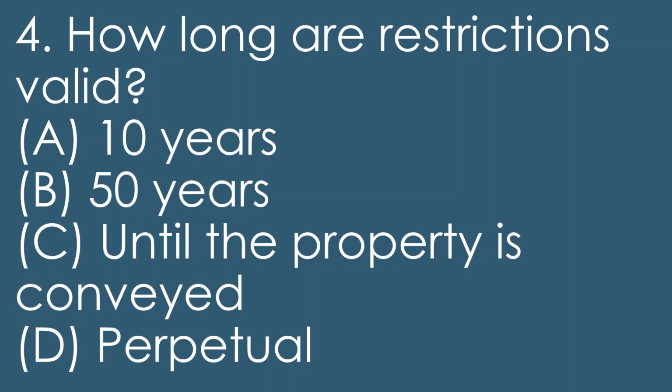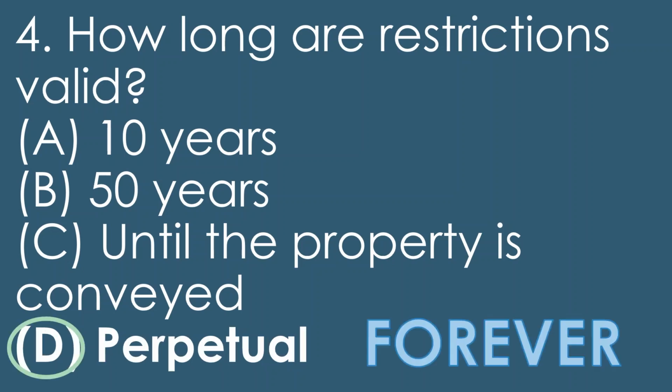And knowing that, the correct one would then be perpetual. It doesn't matter if it's 10 years or 50 years, it continues on to the new buyers. Even if the property is conveyed, it continues those restrictions to that new buyer. So perpetual. Again, the state exam is kind of like a reading comprehension exam as well.